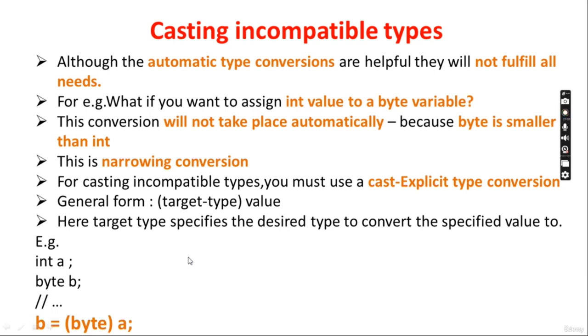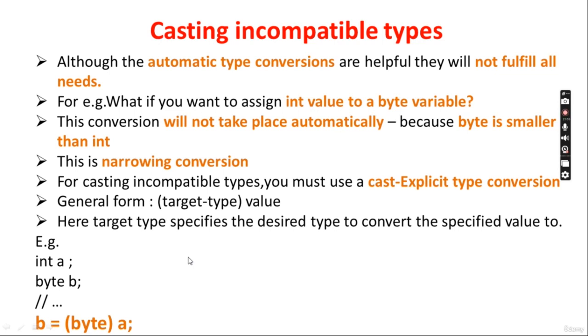What if you want to assign an int value to a byte variable? What will you do then? You will explicitly cast the variable. This conversion will not take place automatically because byte is smaller than int. This is the narrowing conversion. So the destination type is smaller than the source type. For that, you have to explicitly convert it.